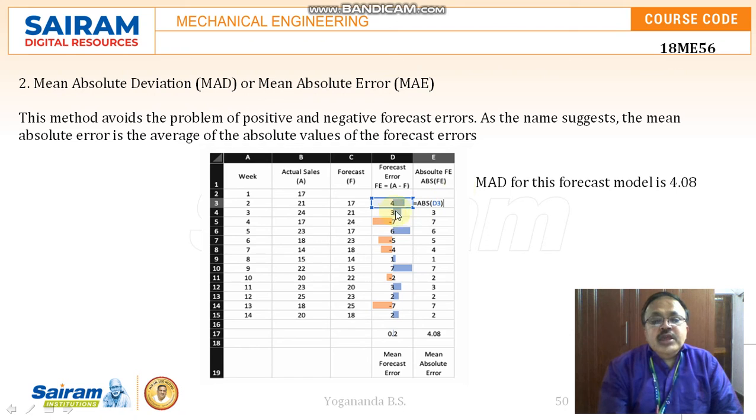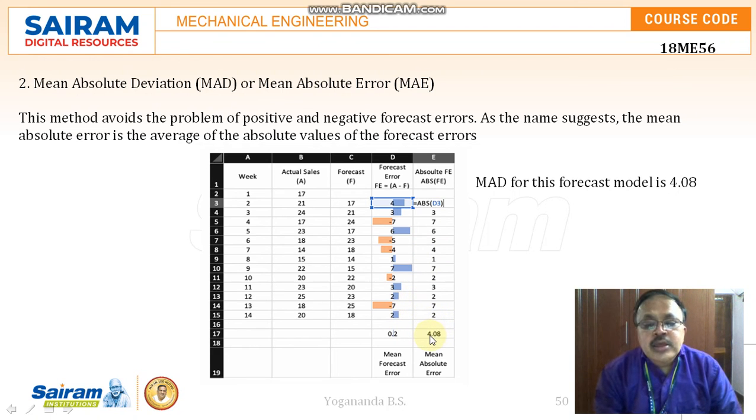The absolute value of 3 is 3 only. The absolute value of minus 7 is 7. Whether I have plus or minus signs here, the absolute value remains positive. Taking this summation and dividing by the total number of data, the errors are 13 numbers, so divide by 13.